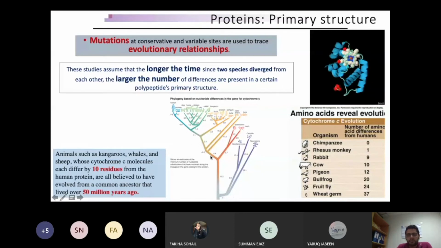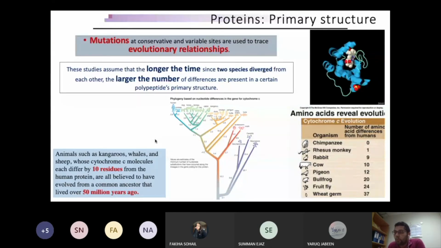What you can see is that cytochrome C is present in almost all major animal kingdoms. Humans and mice have almost similar cytochrome C. Even the chimpanzees and humans have zero mutations for cytochrome C. It seems they have emerged recently.